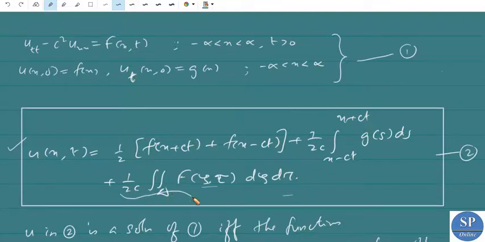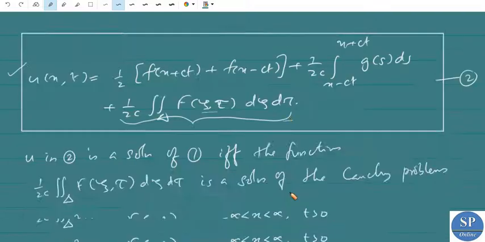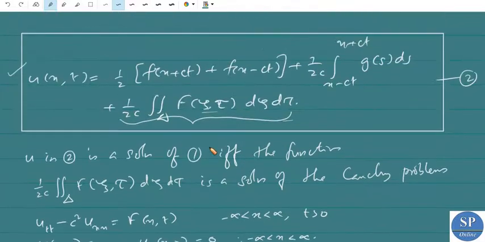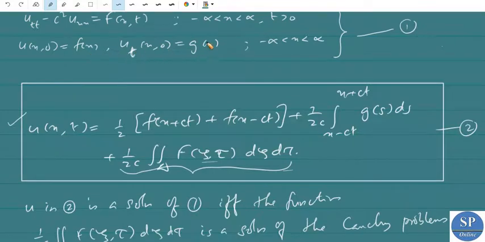If this function satisfies these conditions, that means u of x comma 0 equal to 0 and u_t of x comma 0 equal to 0, then only u of x comma 0 will be f of x and u_t of x comma 0 will be g of x. Otherwise u of x comma 0 will not equal f of x, some extra quantity will be there.